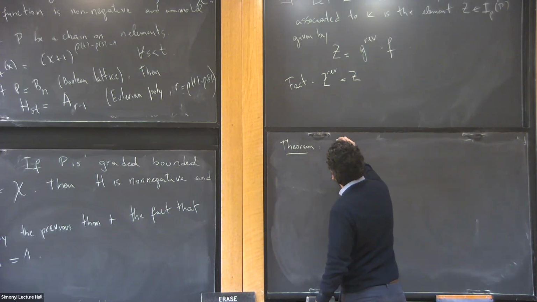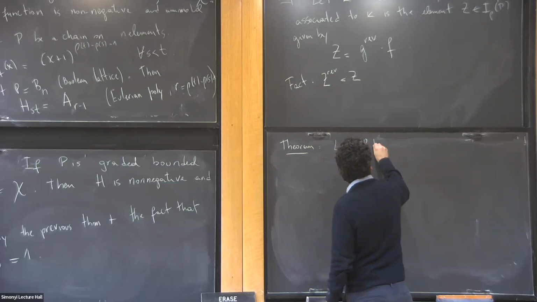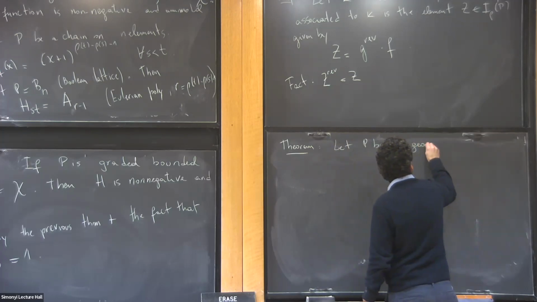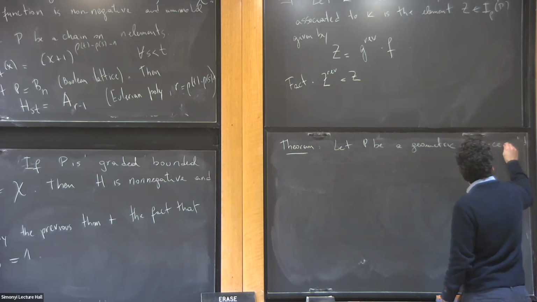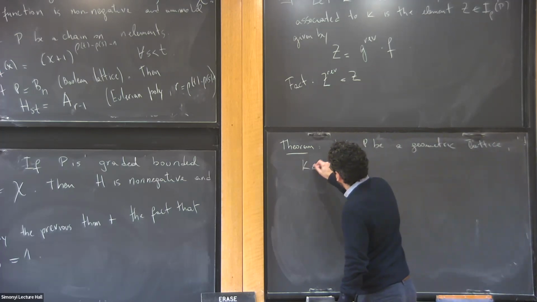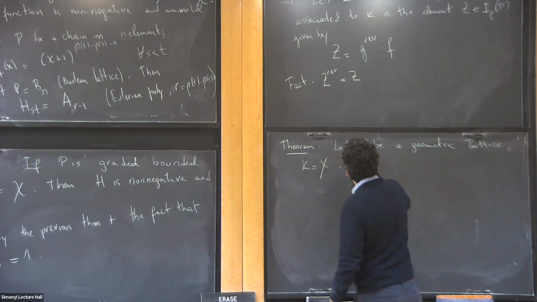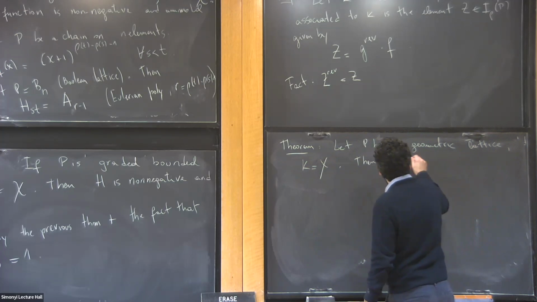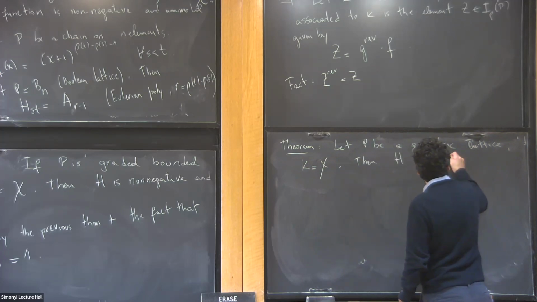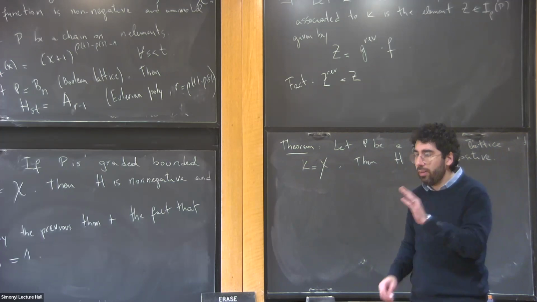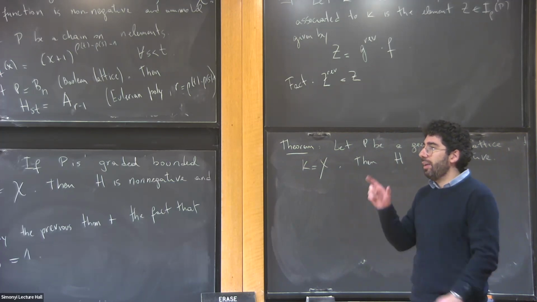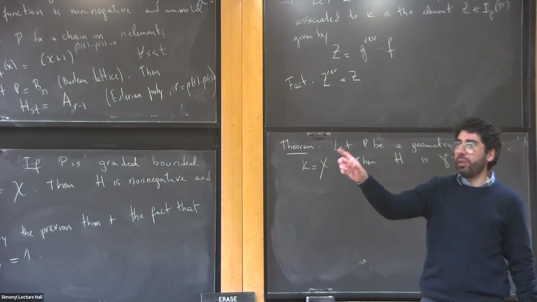Let P be a geometric lattice and kappa the characteristic function. Then H, so the Chow function, is gamma positive. So in case you don't know what gamma positivity is, let me just say that it's a much stronger property than unimodality.